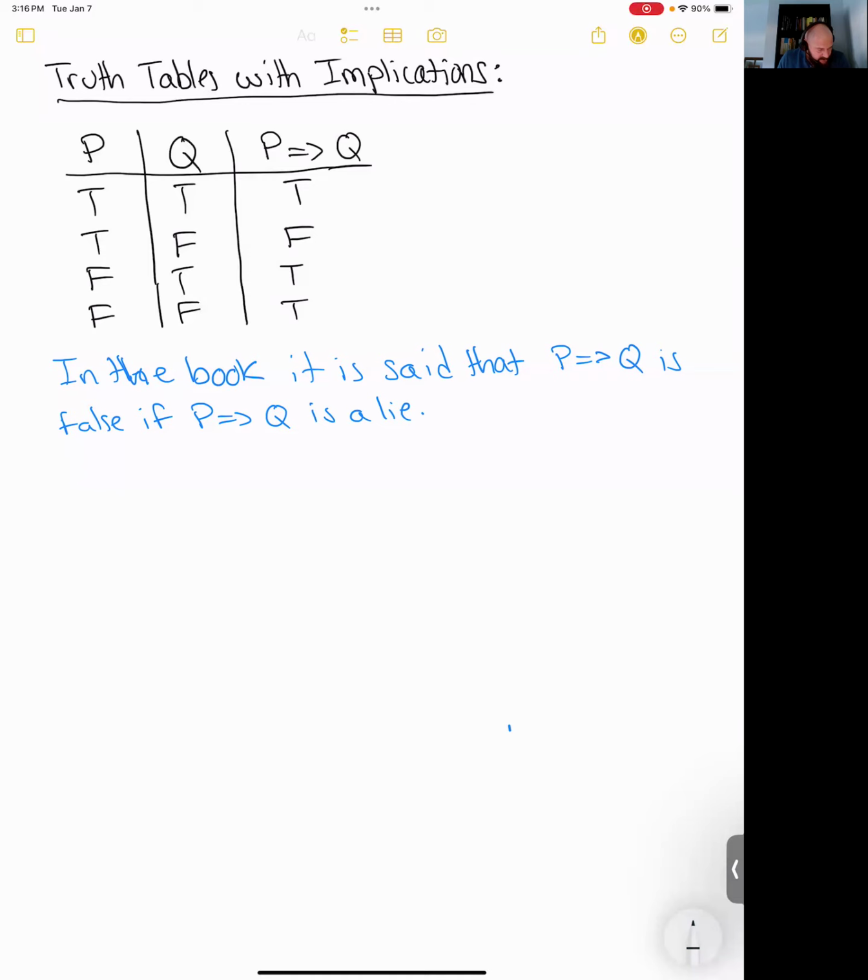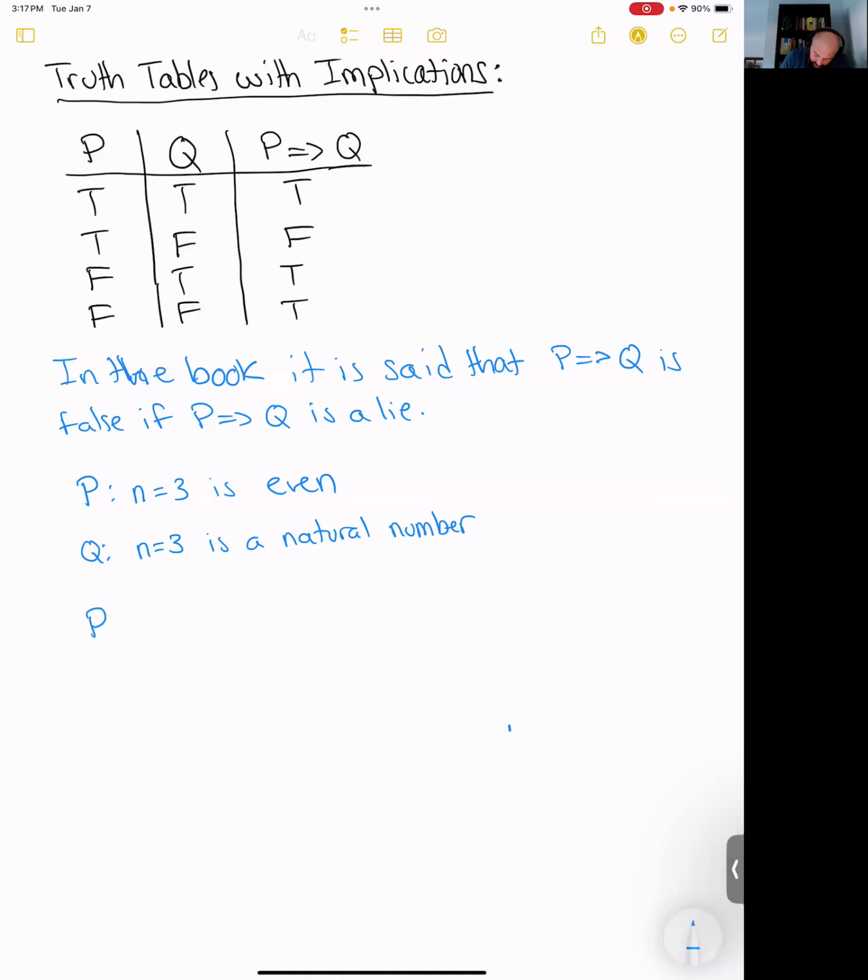So, again, just to play with this being a lie kind of thing a little bit more, you can think about something like the following, right? So let's say P is the statement that n equals 3 is even, and Q is the statement that n equals 3 is a natural number.